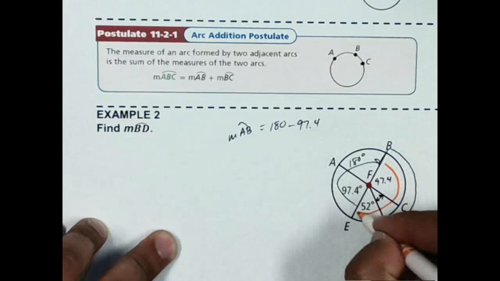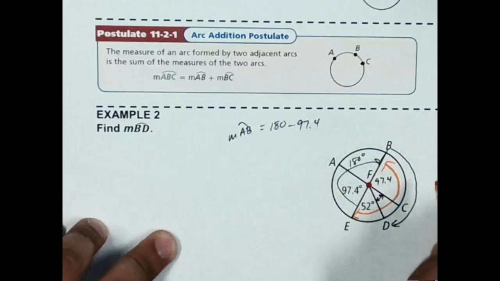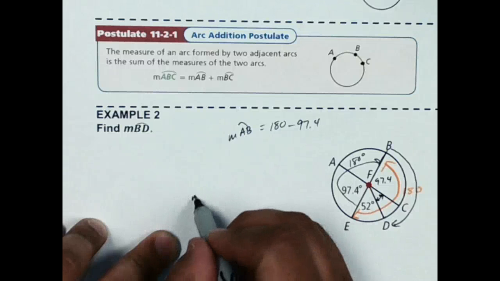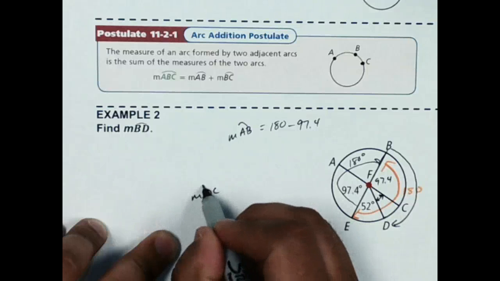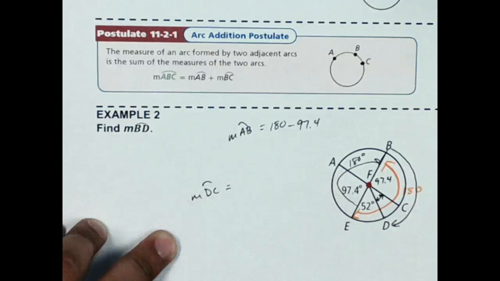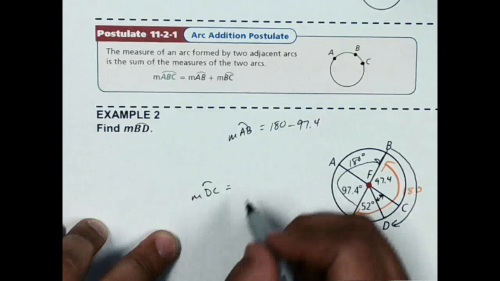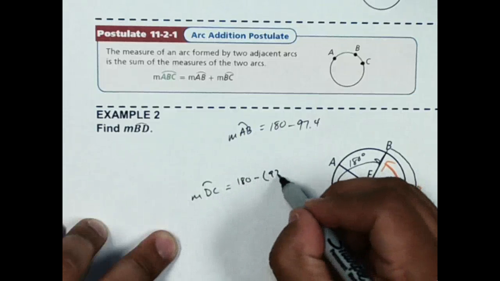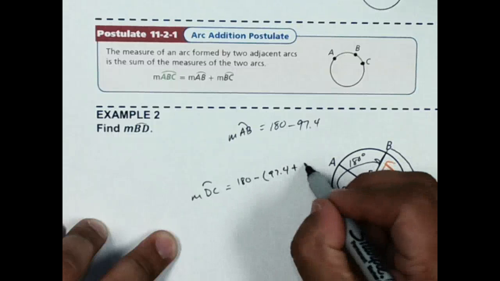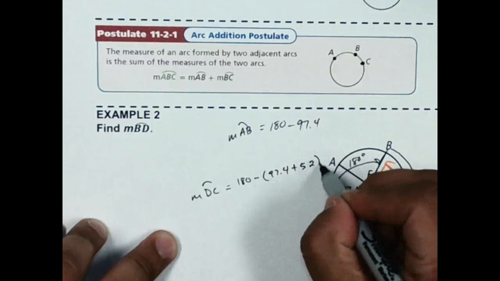I'm going to do this whole thing right here that's 180. I know that's 180, and I have these two. So the measure of arc DC is what we need to find first. And I know that's equal to 180 minus the sum of 97.4 plus 52 degrees.